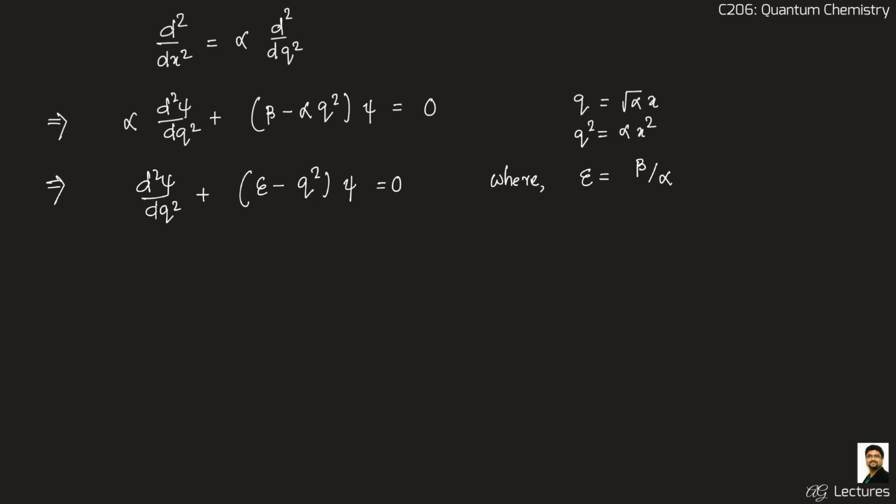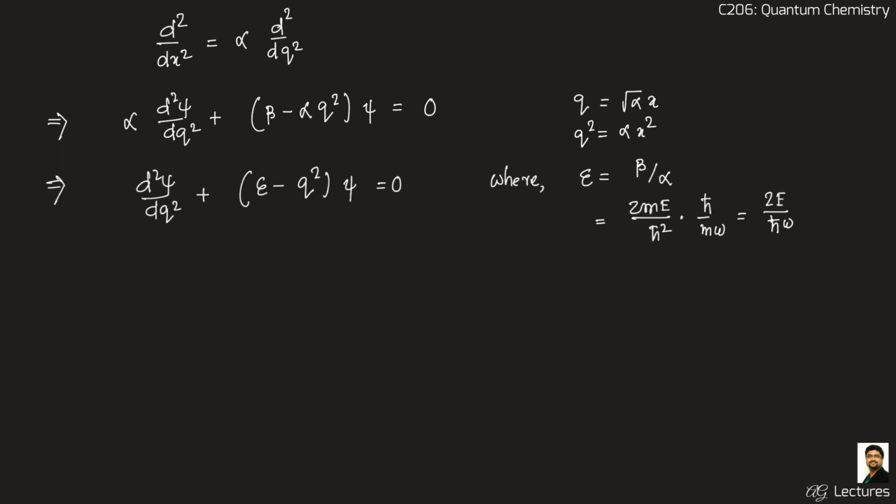Using the values of beta and alpha that we defined previously, this quantity is 2mE over h cross squared multiplied by h cross over m omega, which is equal to 2E over h cross omega.